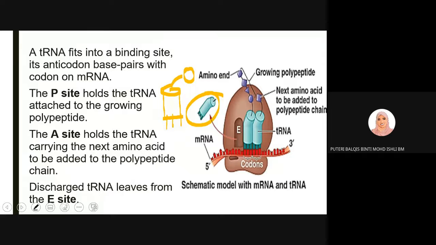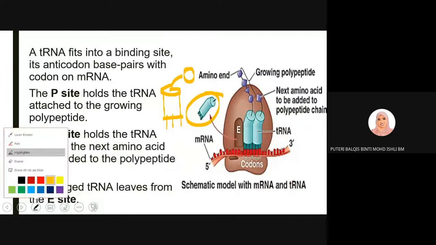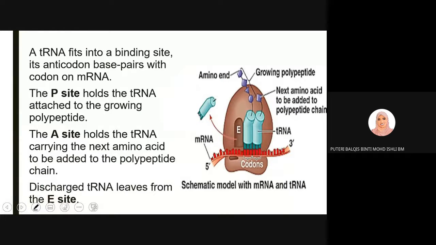Okay, maksudnya kalau kita tengok gambar ni, this E site is whereby it will discharge tRNA. E site di mana tRNA akan keluar melalui exit site. P site is the tRNA that holds the polypeptide chain. A site is tRNA that carries the next amino acid.